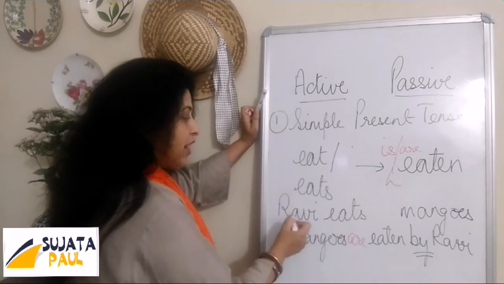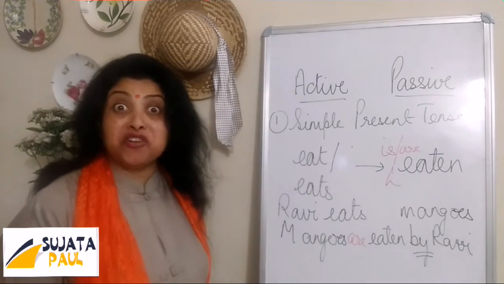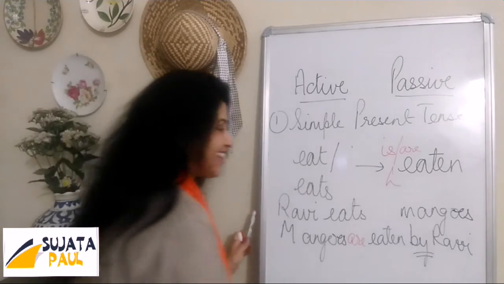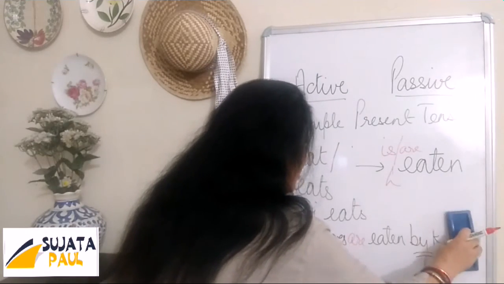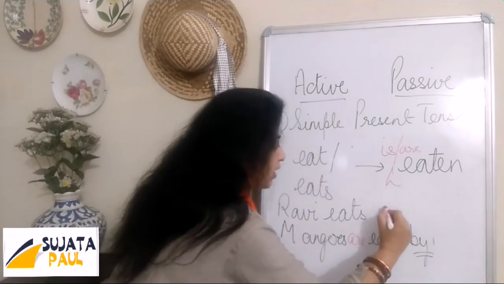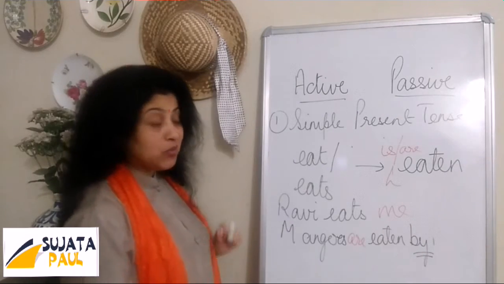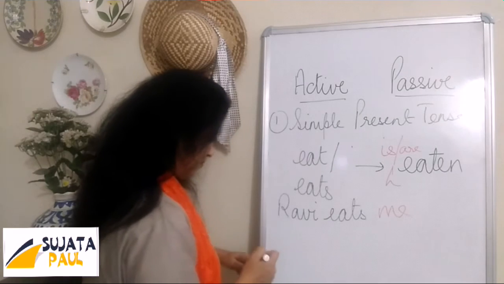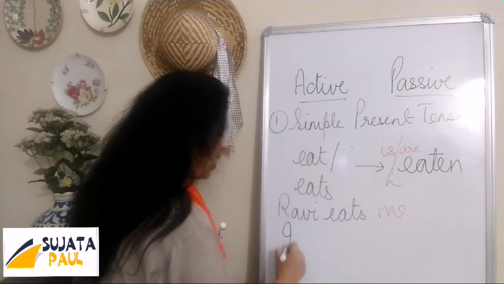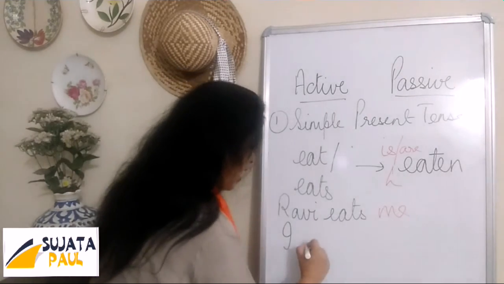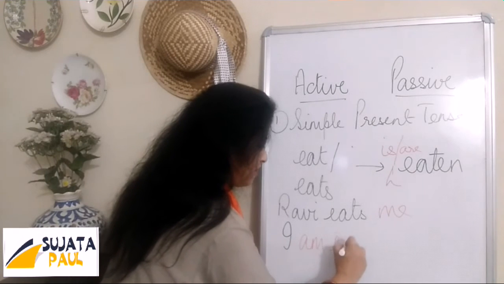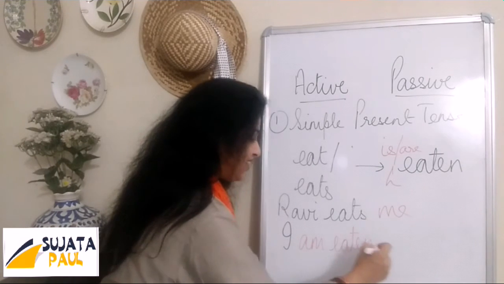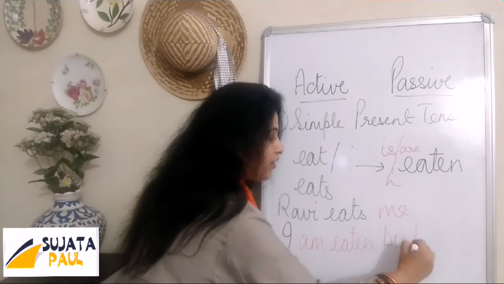And if Ravi eats mango, supposing I say Ravi eats me. Yes. Supposing I write Ravi eats me, it will become I am eaten by Ravi.